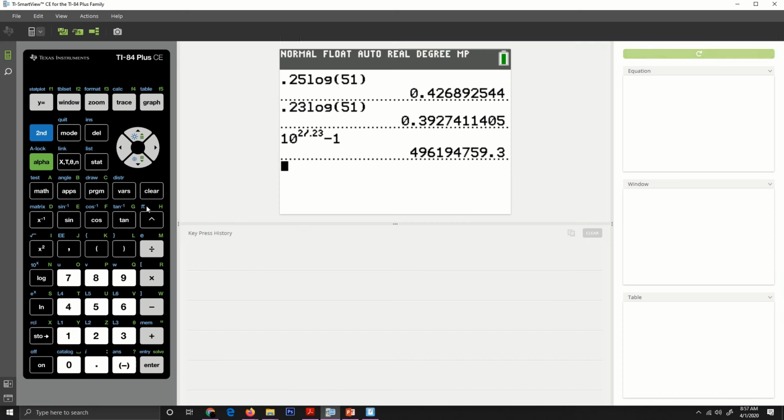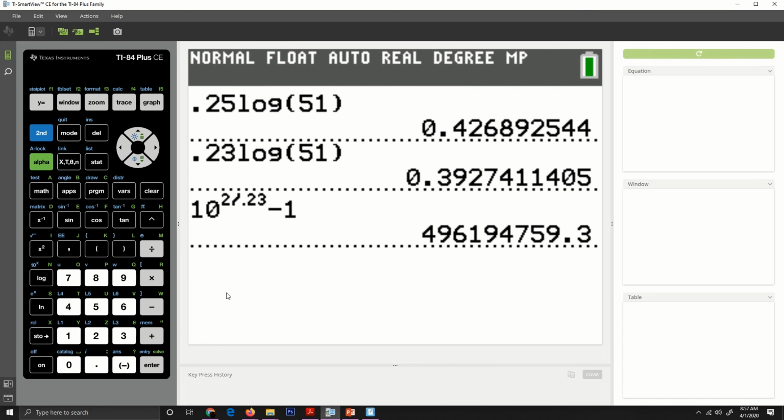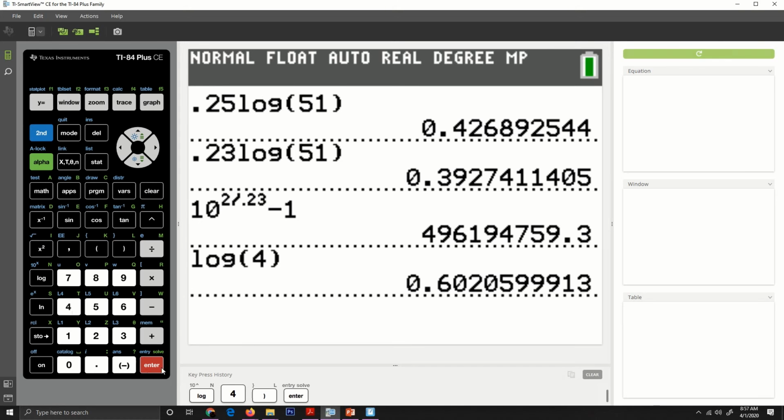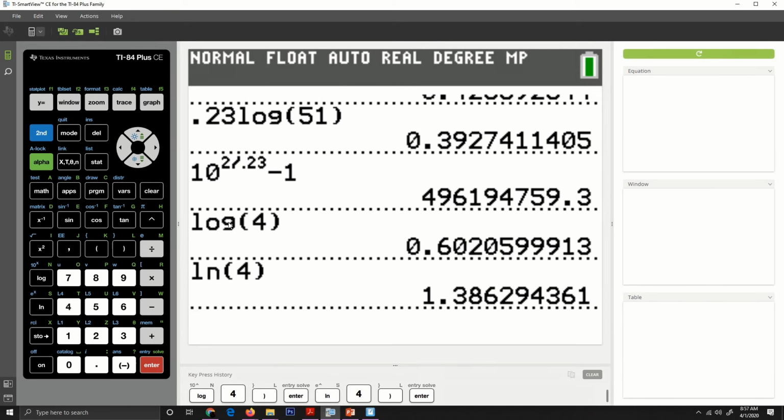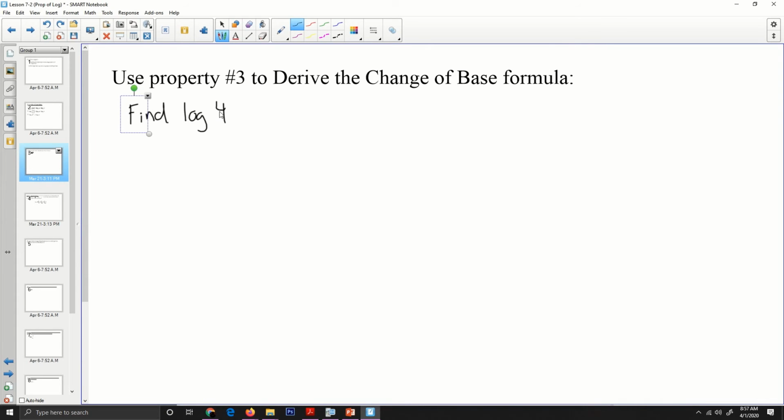I could go to my graphing calculator, type log 4 and hit enter. Similarly, I could do the natural logarithm of 4 and hit enter. But those are known bases. Remember, log is really log base 10 of 4.